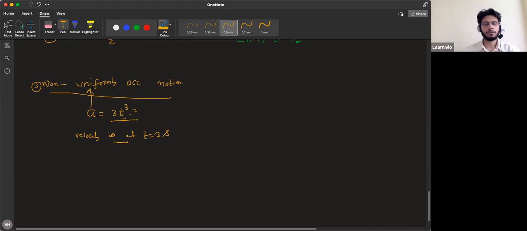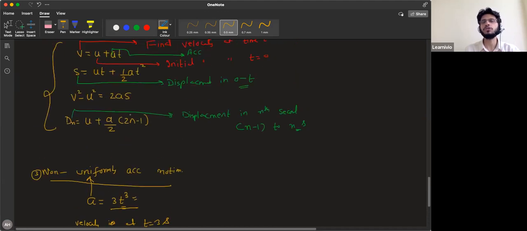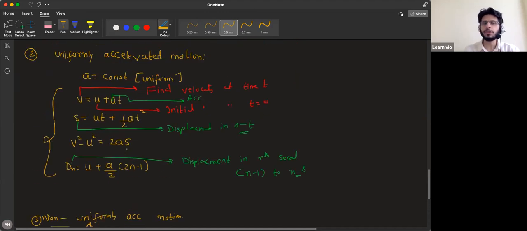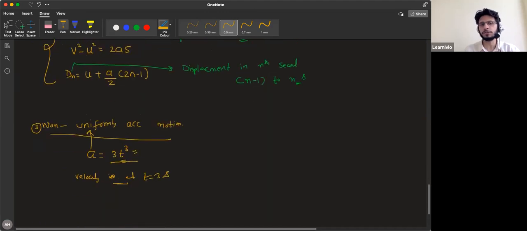Yeah, because it's non-uniformly accelerated. These equations can only be used if your acceleration is constant.